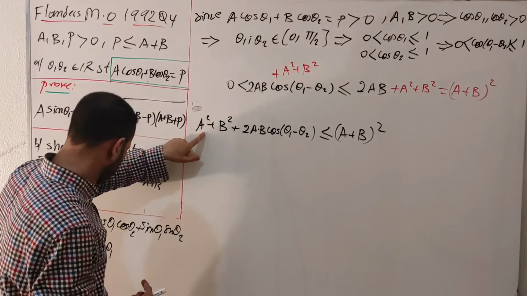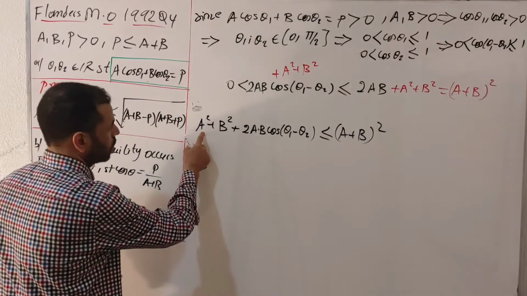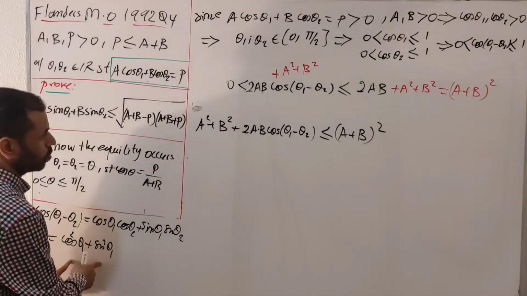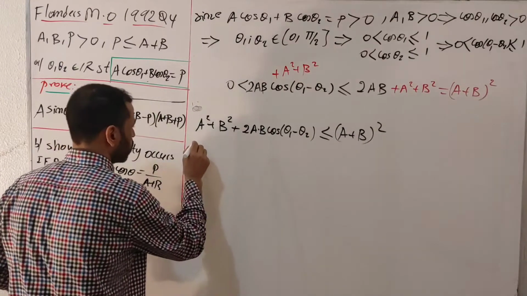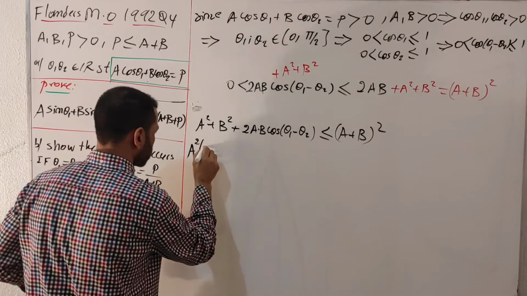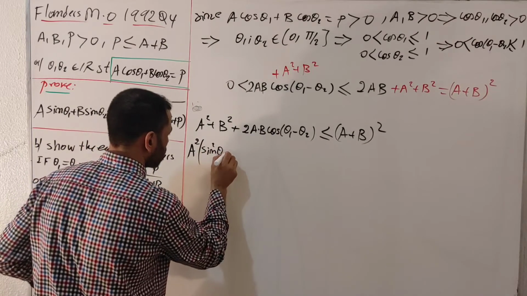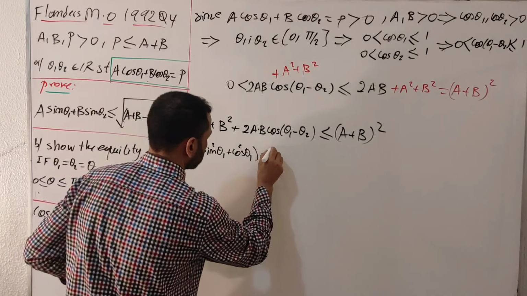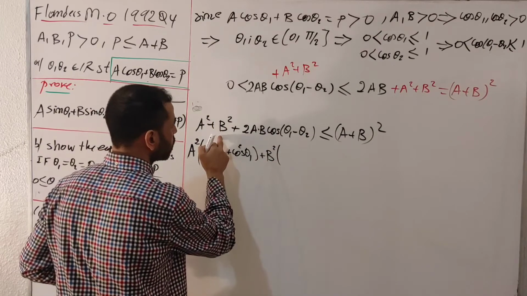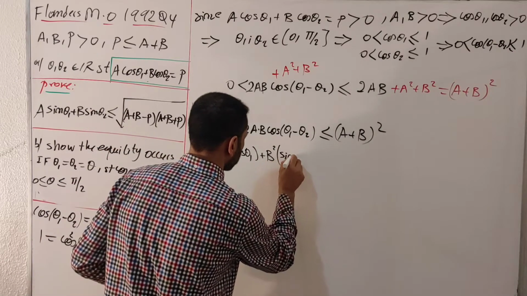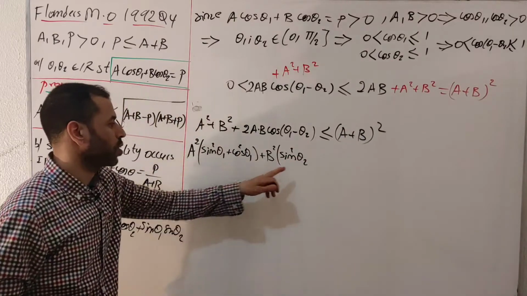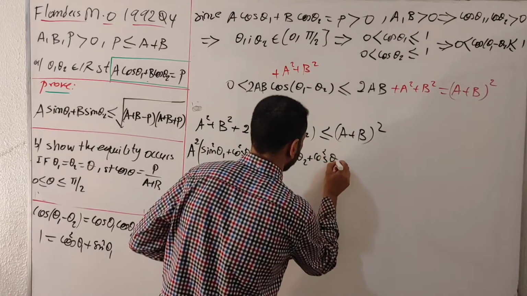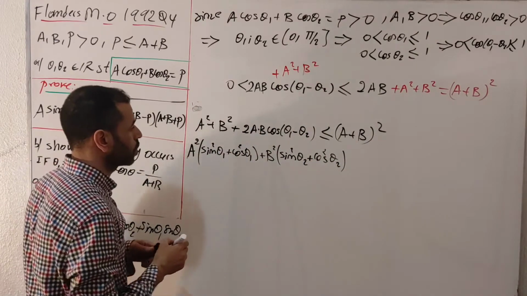I'm going to replace the number 1 with this fact in both terms, so a square multiplies this one and b square multiplies the similar one. We have as follows: a square multiplied by (sine square theta 1 plus cosine square theta 1) plus capital B square multiplied by (sine square theta 2 plus cosine square theta 2), this time with theta 2 instead of theta 1.